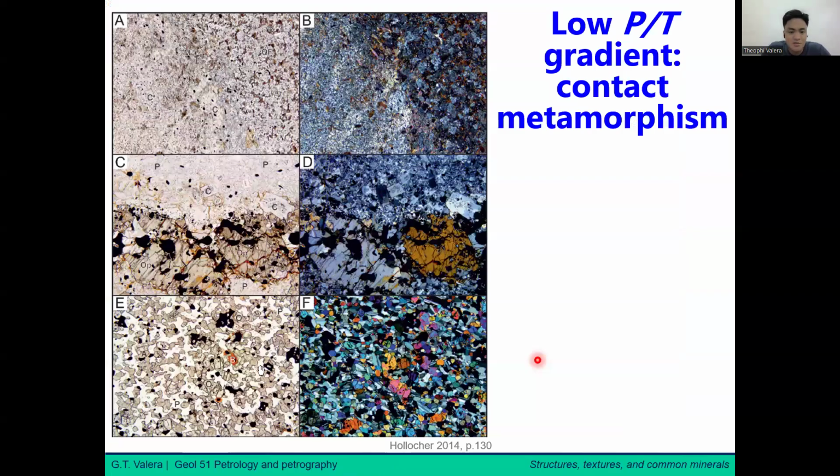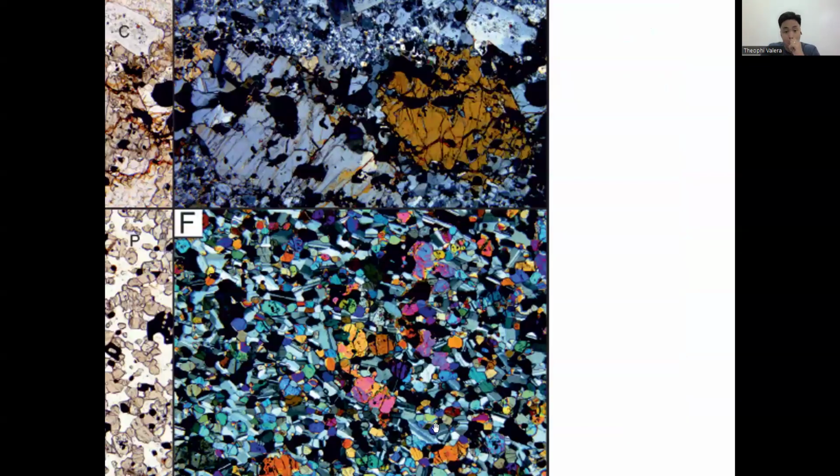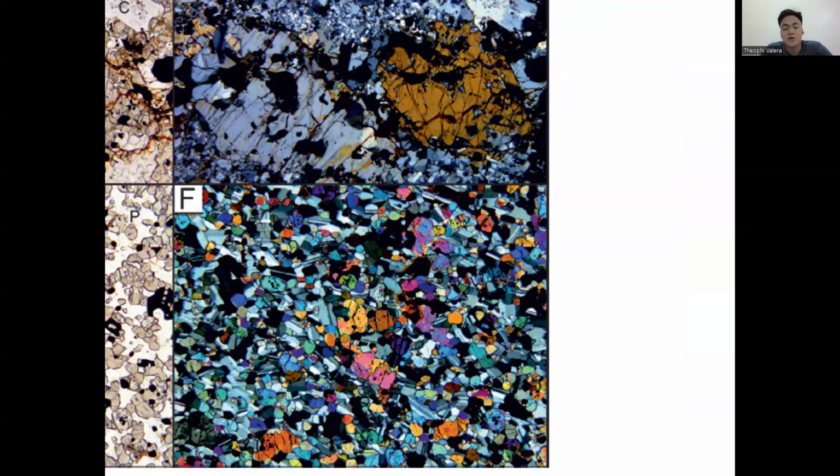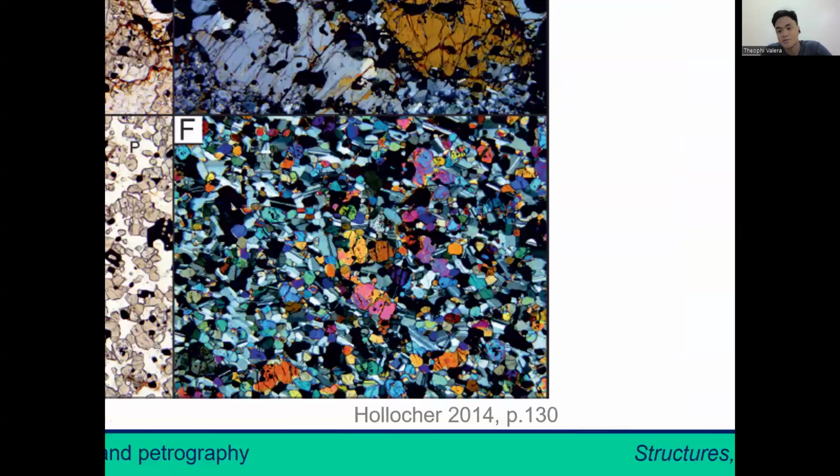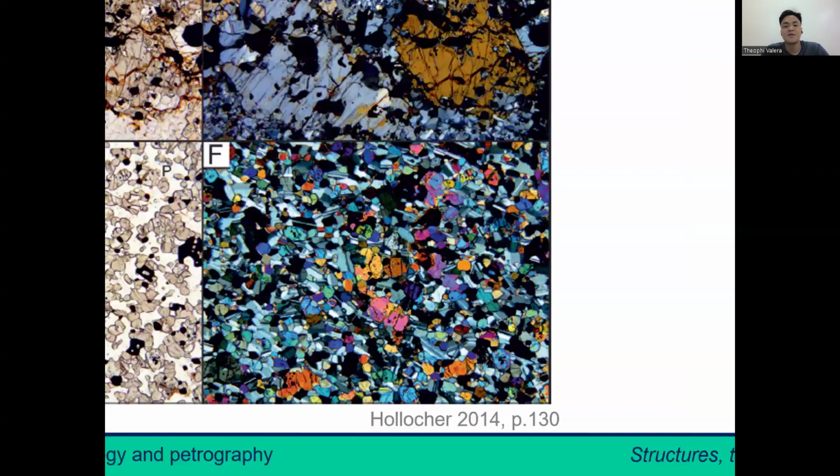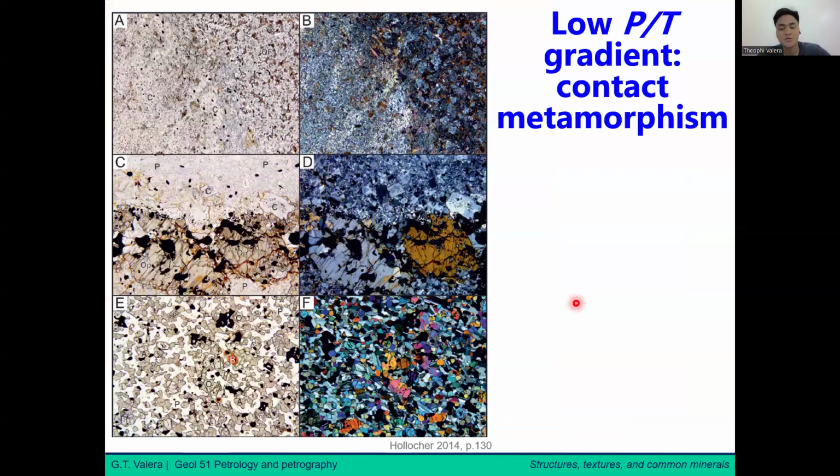So hence also the very fine grained nature. So usually you get this fine grain texture when either you're starting from a really fine grained rock, so basalt, or you start from a highly deformed rock, shear zone, for example. Okay. Yeah, so those are the low PT gradient textures.